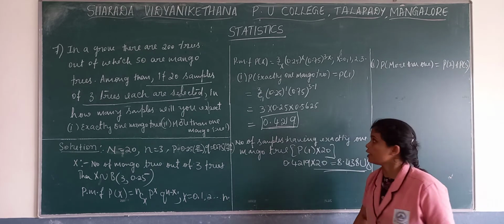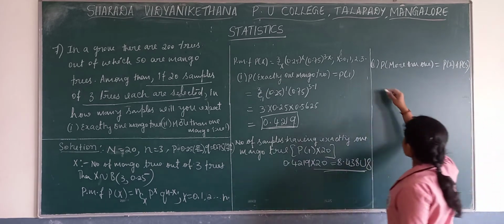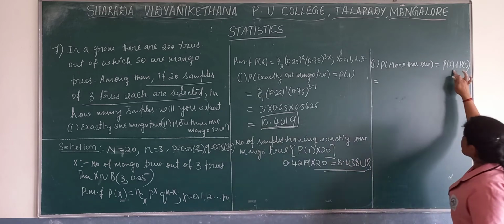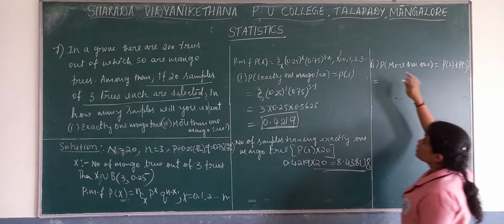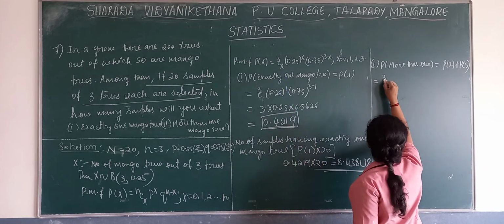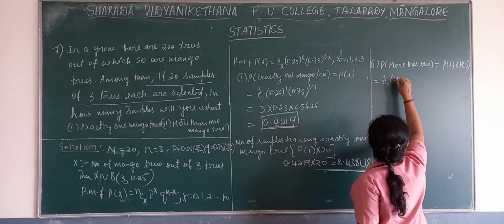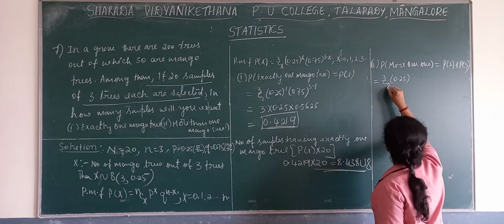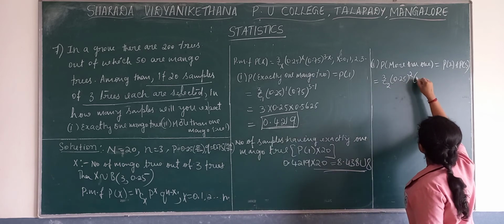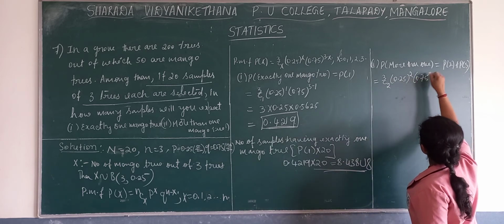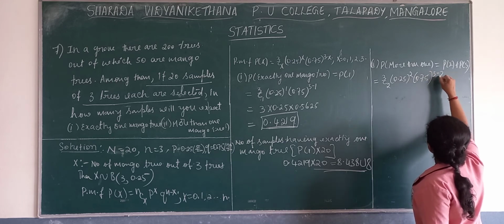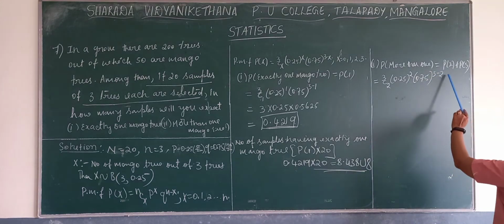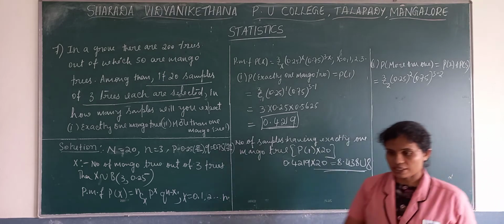Firstly we'll substitute for P2. Now nCx, that is 3Cx, p to the power, sorry, x is 2 here, 0.25 to the power 2, 0.75 to the power 3 minus 2. That is for P2.